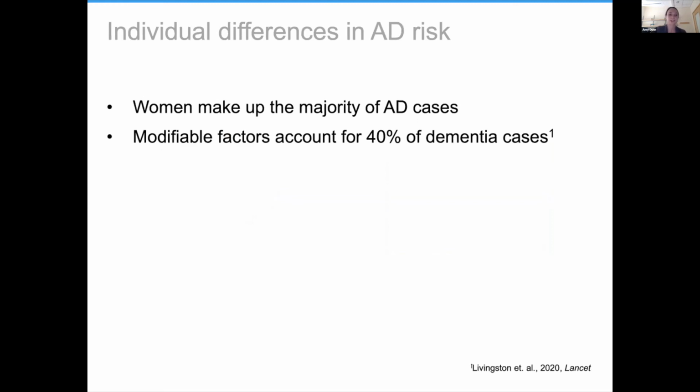In addition to genetic factors, there are other factors that go into a person's individual risk for Alzheimer's disease. There are sex differences in Alzheimer's. Women make up a majority of cases, and they also experience the disease more rapidly than males do. In addition to those biological factors, modifiable and environmental risk factors account for another big chunk of Alzheimer's and dementia cases.